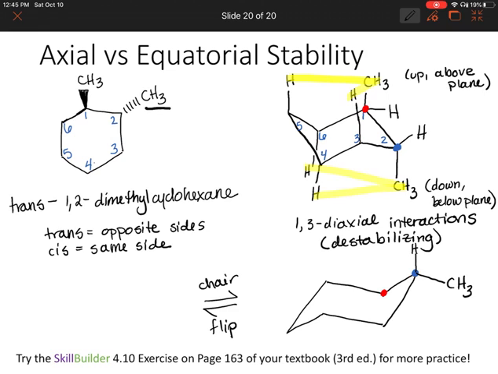And then on the red carbon, the methyl group was up and axial, and it will still be up, but it's going to be equatorial. And then the hydrogen was pointing down and it was equatorial, but now it's going to be pointing down as an axial bond.